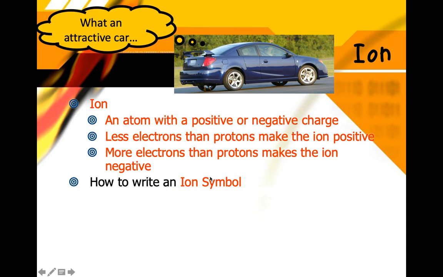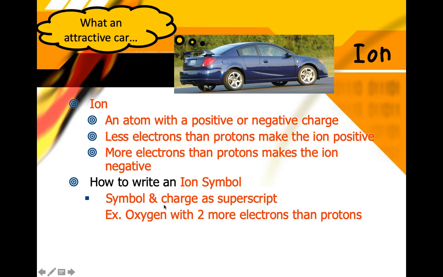We will sometimes need to write ion symbols to show what's happening to that element so that it can connect with other elements. That's what we're going to start learning next. So what we do is you find the symbol on the periodic table and you write the charge as a superscript, like an exponent kind of.